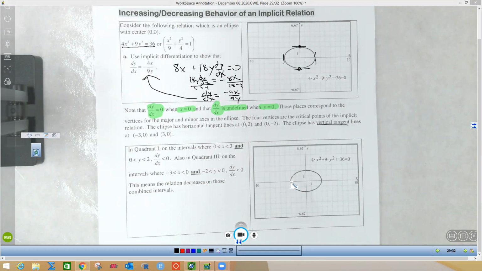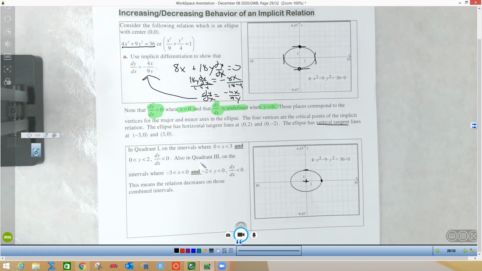Let's look at what that means. From 0 to 3, and from 0 to 2, it says dy/dx is less than 0. Why? Well, that's the slope of this curve right here. This is decreasing, so your slope is less than 0 because it would be a negative slope.